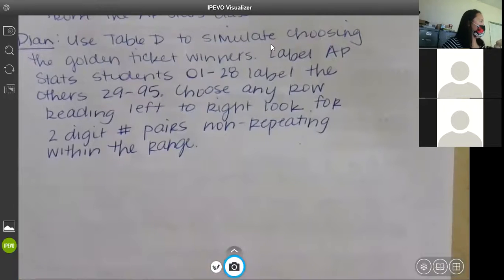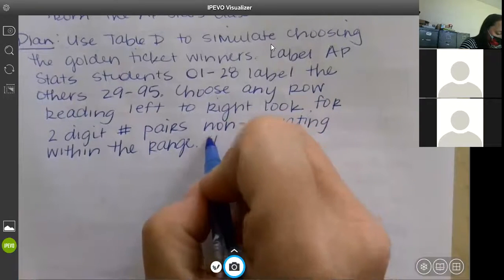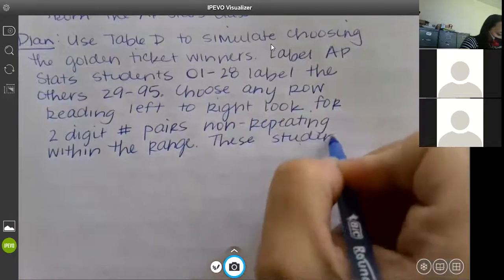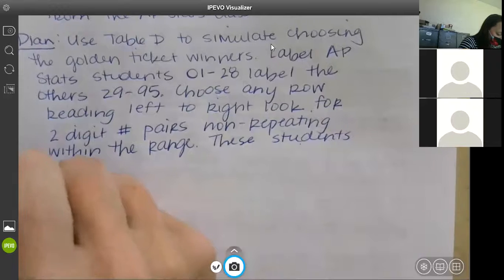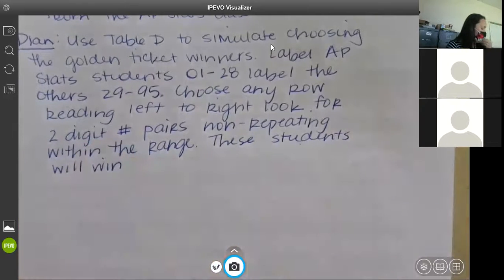What are those students? So the 2 that we pick are what? What will these students get? You can just put that they will win the lottery or that they will win.